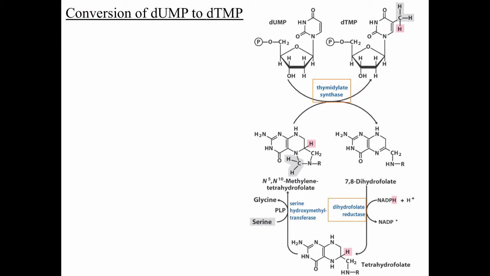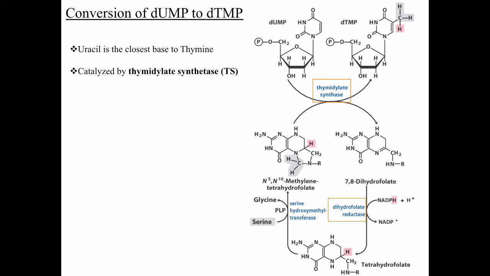And we're going to talk about how it is that dTMP is made. Uracil is the closest base to thymine, and so dUMP is used to make dTMP, deoxythymidine monophosphate.